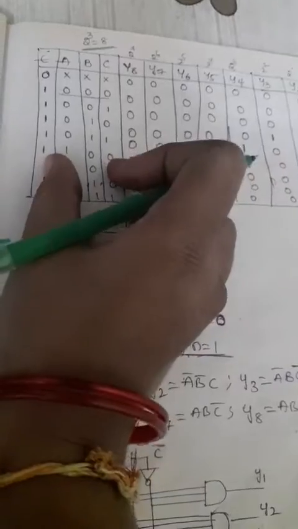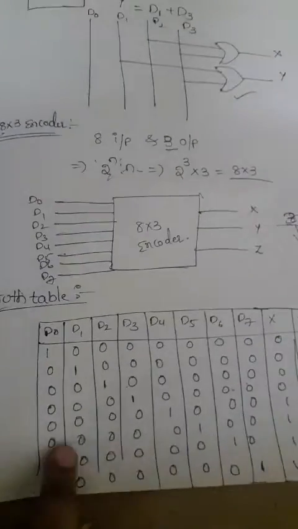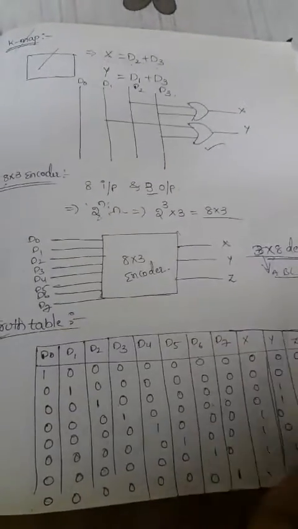You can verify whether it is right or wrong. That means these input lines will be present at the output here, and these output lines will be present here as input lines. So that is the truth table of this 8x3 encoder.